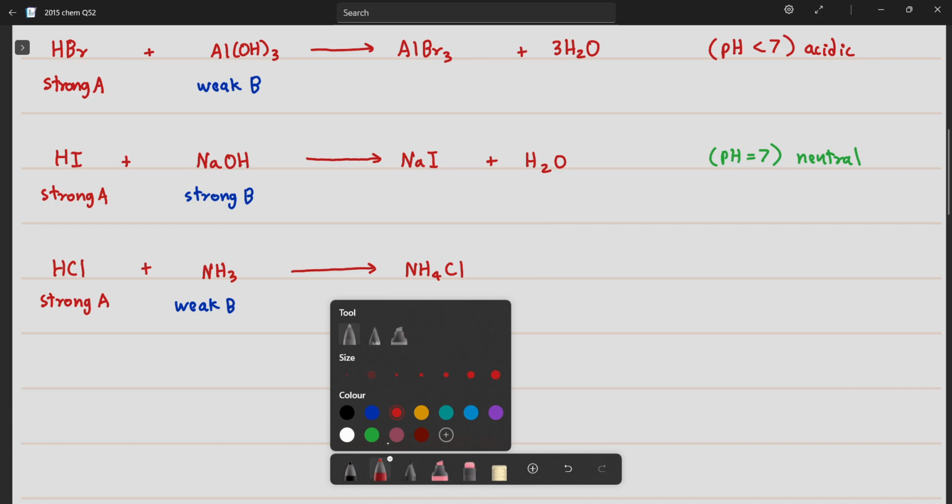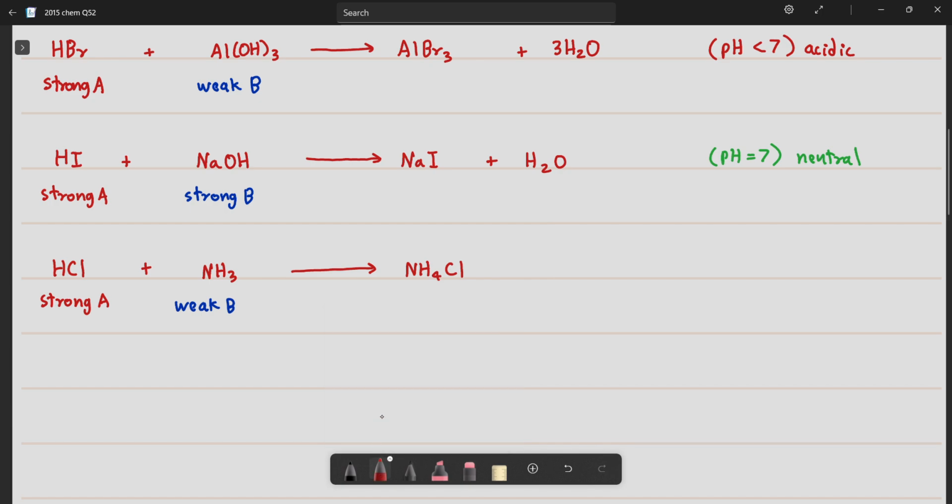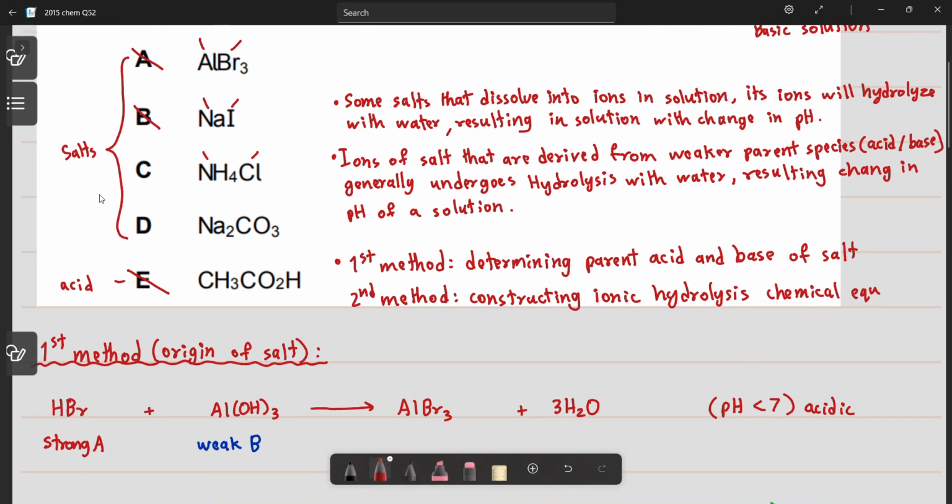So we know the resultant solution of this salt is going to be acidic. pH is going to be less than 7. And now we'll move to the fourth option, which is option D. So we can cancel this out.